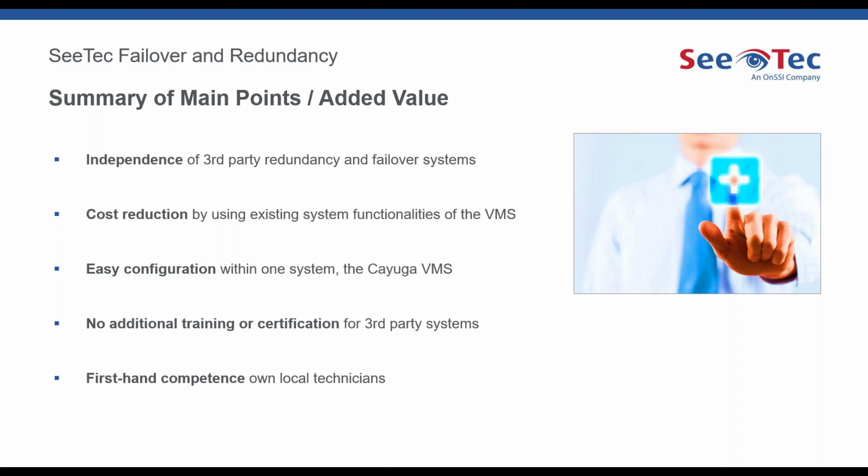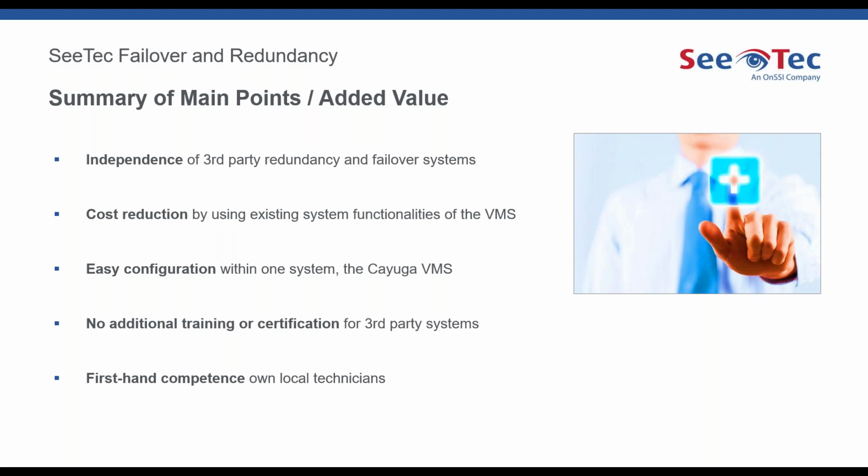Again, the last two points go hand in hand. If it's all done within there, we haven't got any additional training or certification. Your local staff just need to be proficient in one piece of software, and that's the VMS, and that can be deployed in various flavors, whether it's a small standalone system for up to 50 cameras, or a large system that may be many hundreds or thousands of cameras with multiple servers.